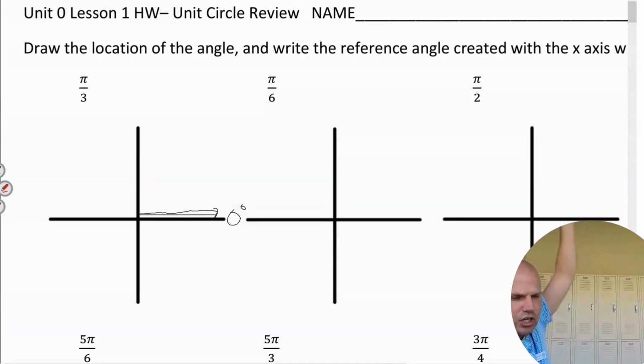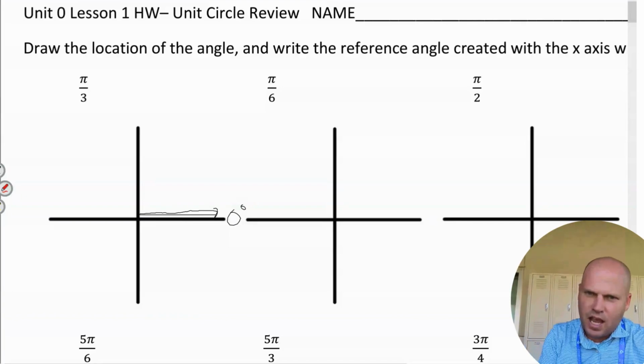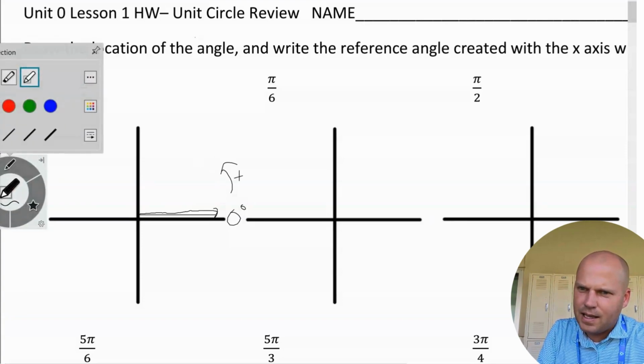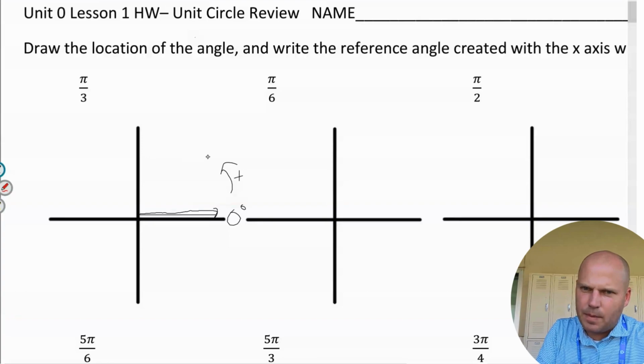Then as my hands start to separate in the counterclockwise direction, we are adding angles till we get all the way around the circle. Halfway around the circle, we will get to that halfway point, the 180 degree angle, or the pi radian. So coming around this way, I get to pi, which is 180 degrees.